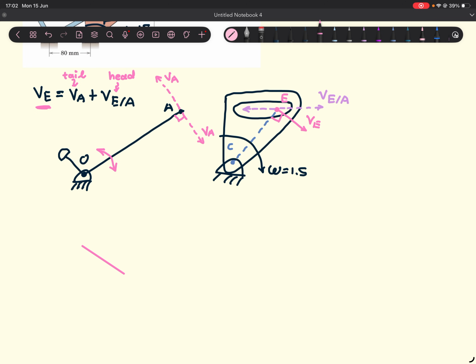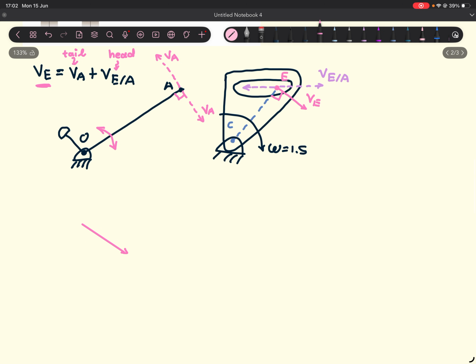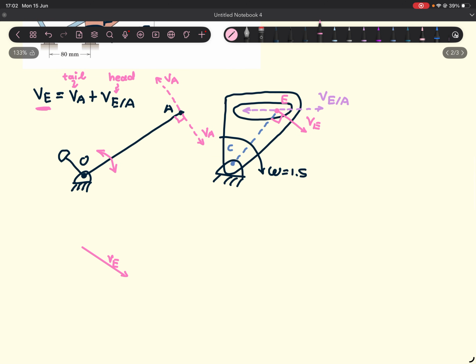I know its direction, that it's perpendicular to this line CE. So I'm going to draw in VE over here, and then the next vector I'm looking at is VA, and VE must start at the tail of VA. So VA is there, and then it could either go down or go up.